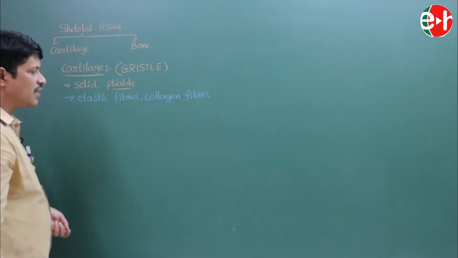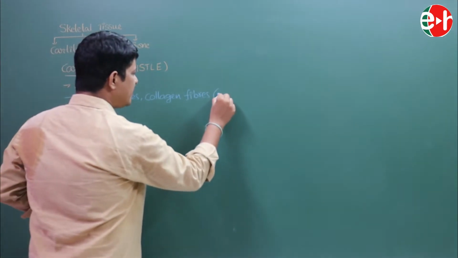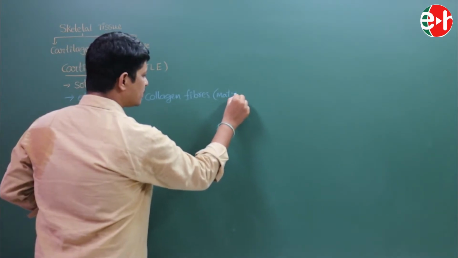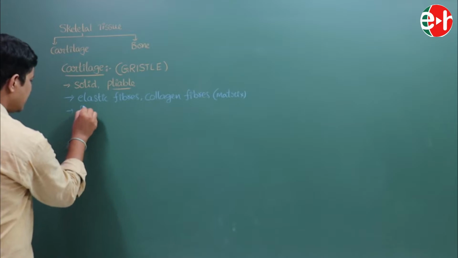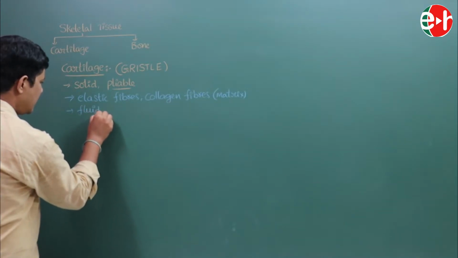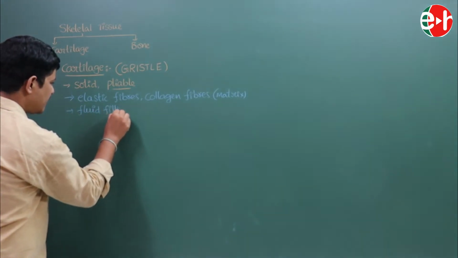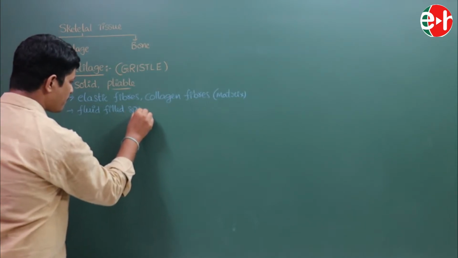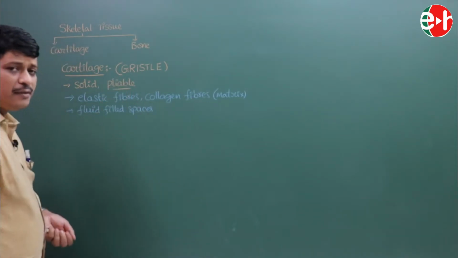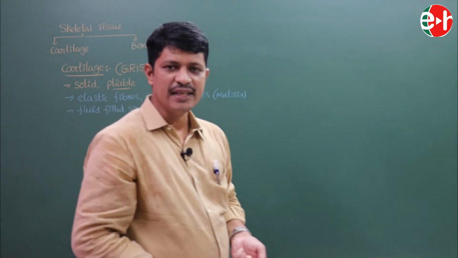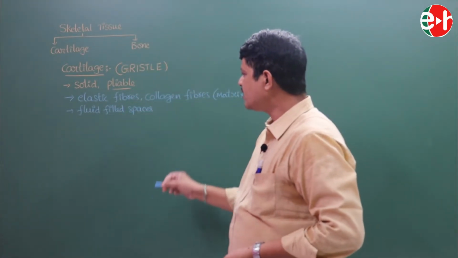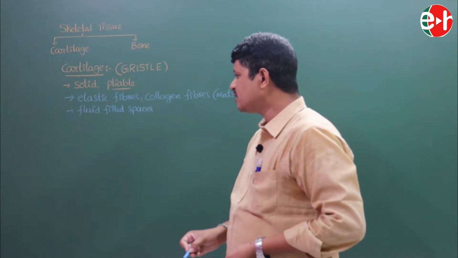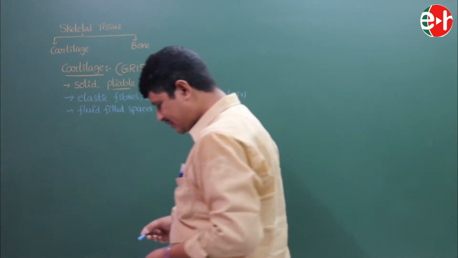These two fibers are present in the matrix of the cartilage. The matrix means the fluid filled spaces. The fluid filled spaces of the cartilage are known as matrix.